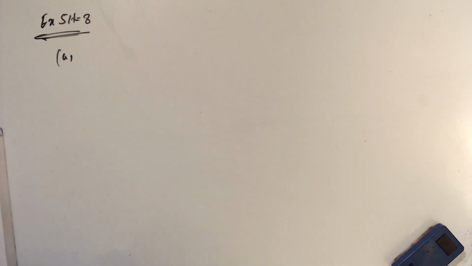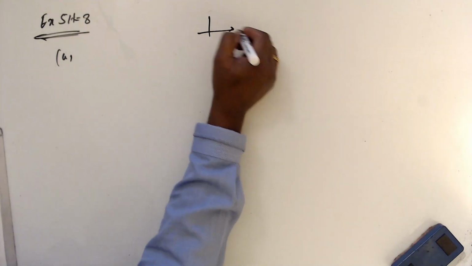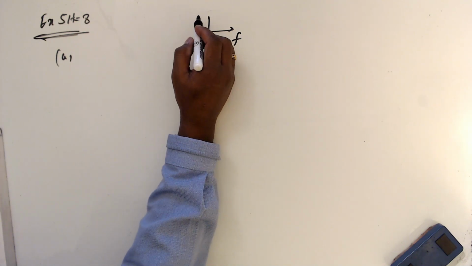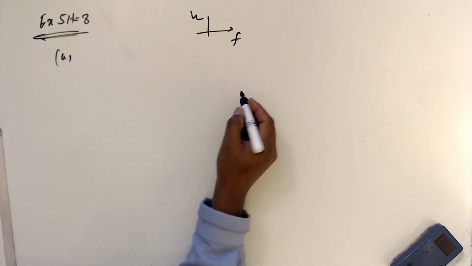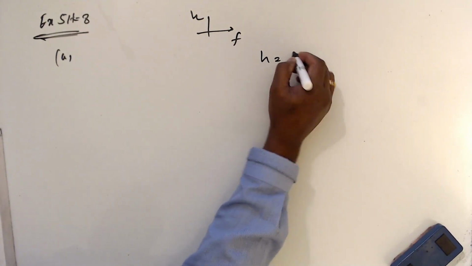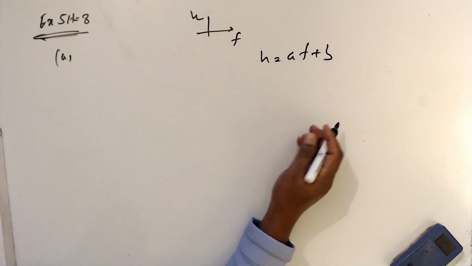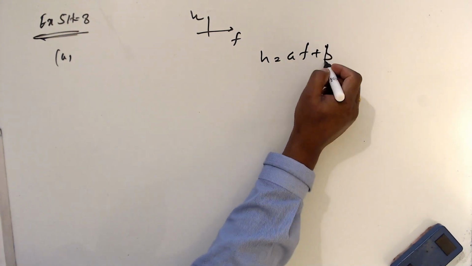Question number 8. Length and height. I can see F and H. Then I can see the second one, H equals aF plus b. I'm not reading the sum yet, I'm just glancing, but we have to be careful.